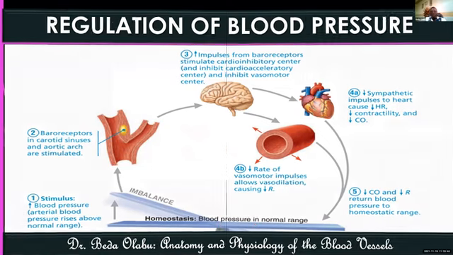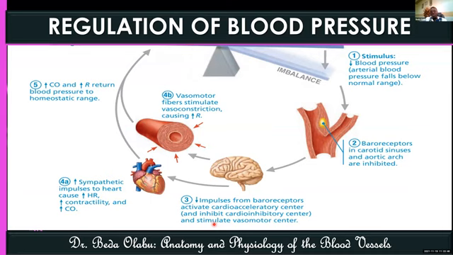How about if the blood pressure was low? If the blood pressure falls below normal, again, that will be detected by the baroreceptors on the vessels. And that information goes to the cardiovascular center of the medulla. That will cause increased sympathetic discharge.